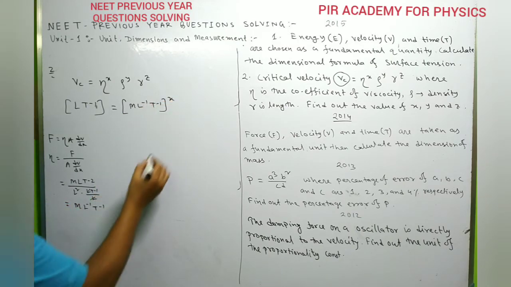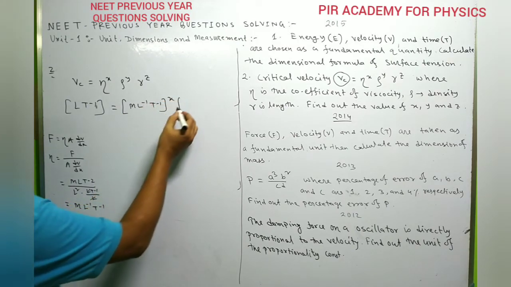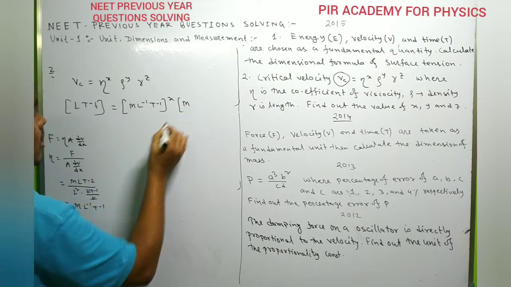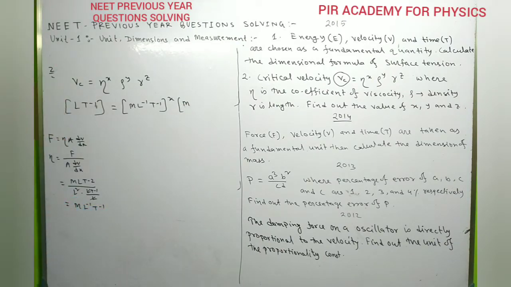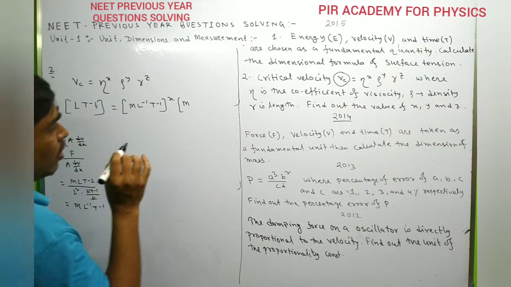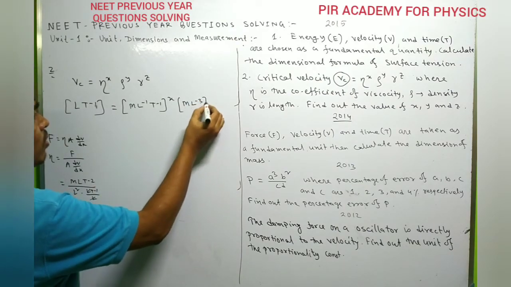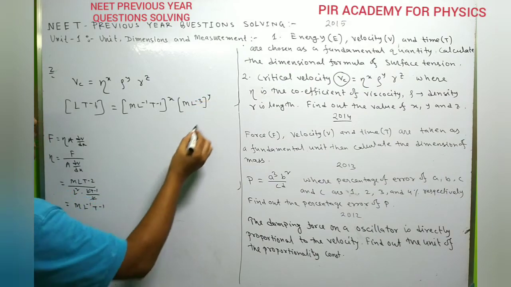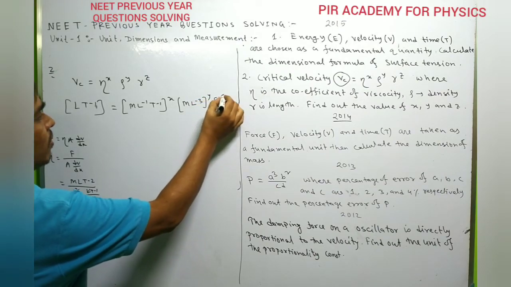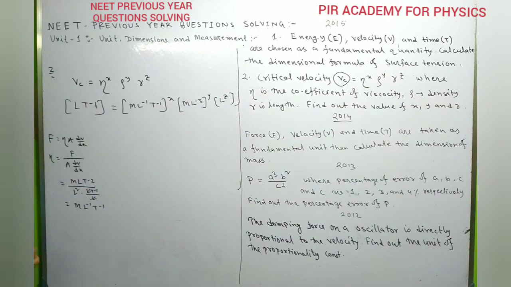Here is x. Density means mass divided by volume, that is L cube, so it will be M L to the power minus 3, to the power y, and here L to the power z, because r is the distance.